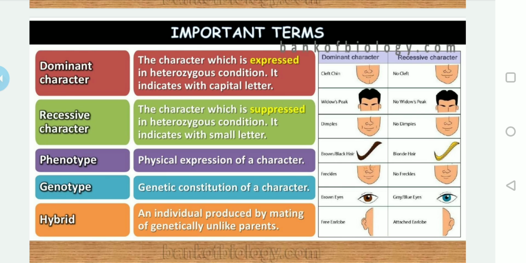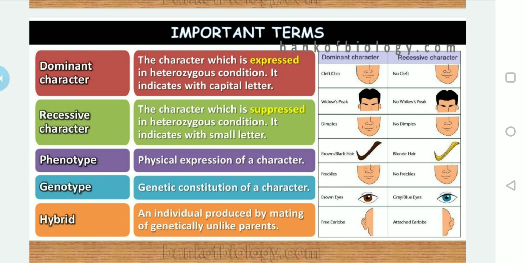See in this slide, on the right side, some of the characters. By considering humans, I have given. I think you must have observed, or else you just observe or compare yourself. In humans, the cleft chin is considered a dominant character. And what about the recessive? No cleft, or cleft is absent.